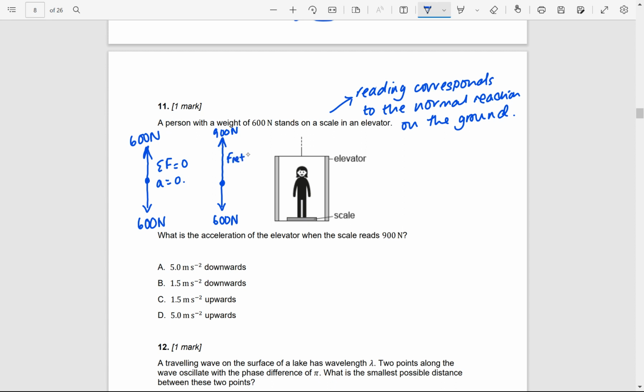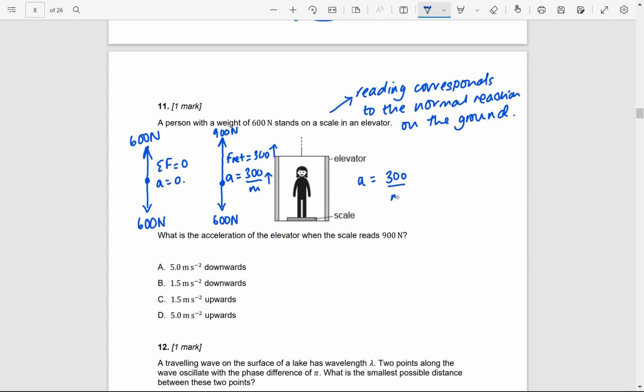So the net force, the resultant force, is now 300 up, which means that the acceleration is 300 force divided by mass upwards.